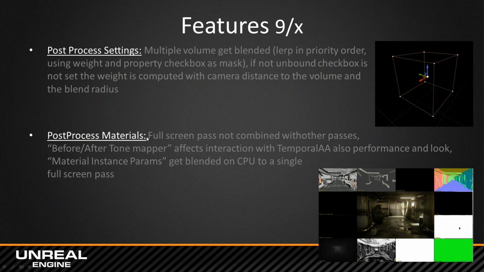Post-process materials are something where there could be a performance problem if an artist or designer starts using that feature. You basically create a post-process material that you insert here in this volume as a blendable. And this post-process material can run a full-screen pass, and can use the G buffer, and can use the depth buffer, and can make any kind of color manipulation or anything, output that, and that allows you to have nice, interesting material effects.